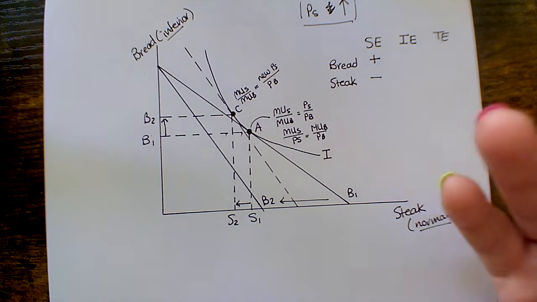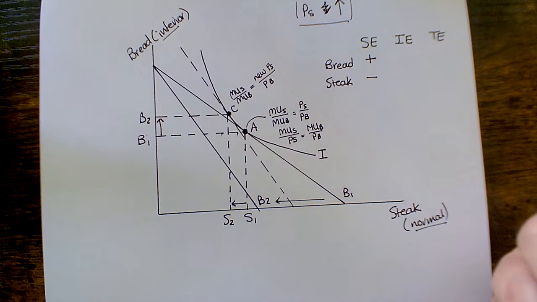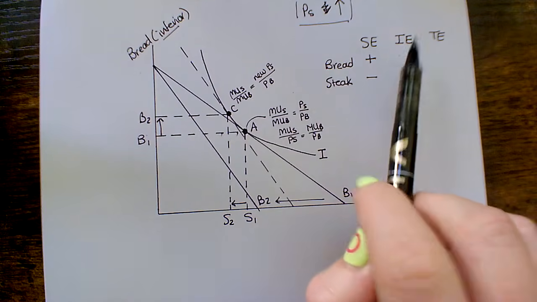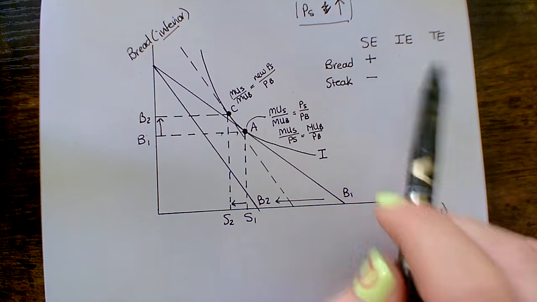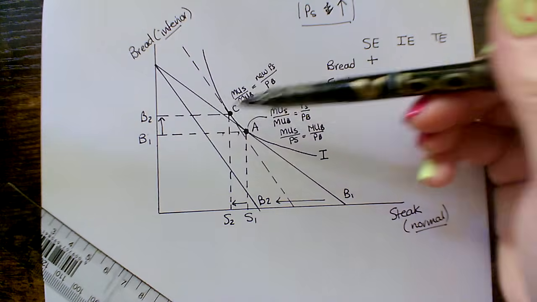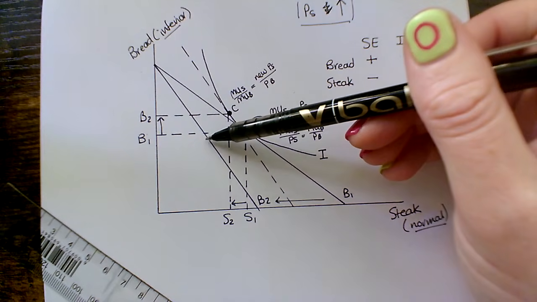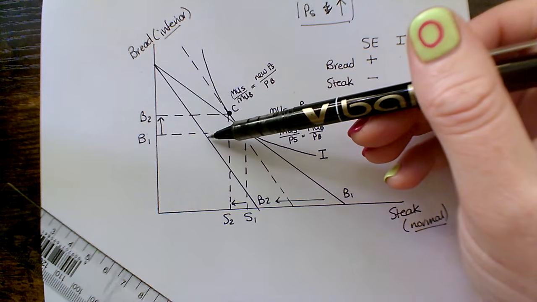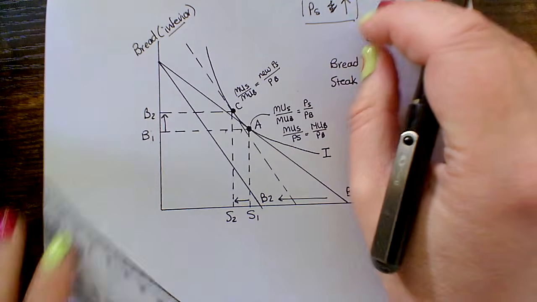Now I need to reason through the income effect. So the income effect tells us, how does the consumer's consumption of bread and steak change now that they have a change in their real purchasing power? So how does their real purchasing power now affect their consumption choice? So if we look at point C, it lies outside the feasible set of this consumer.